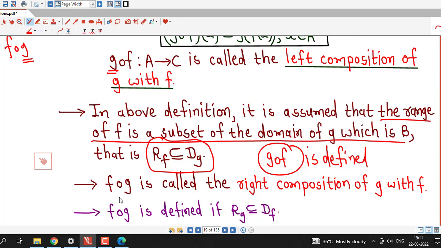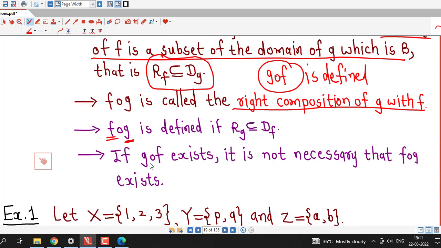And f of g is called the right composition of g with f. f of g is defined if range of g is a subset of domain of f. Now if g of f exists, it is not necessary that f of g also exists. Sometimes g of f is defined, but f of g may not be defined.